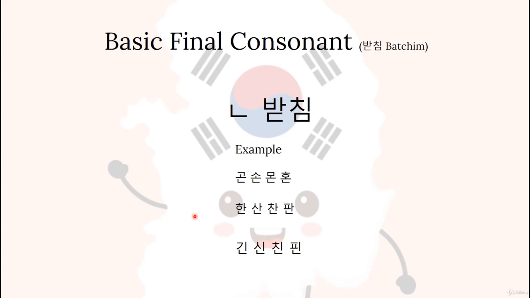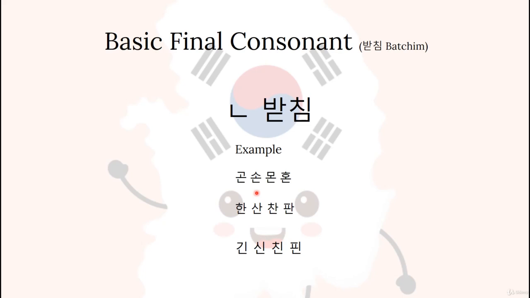So not 고는, it is 곤. 고 and 니은 받침, the basic final consonant, so it's 곤, not 고는, okay? The clean N sound. Think of it like that. Clean N sound at the end.